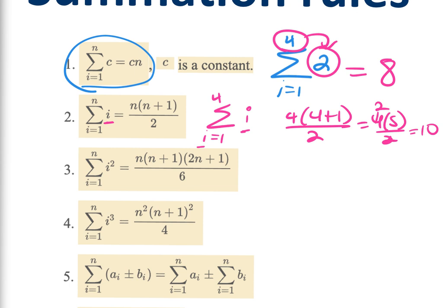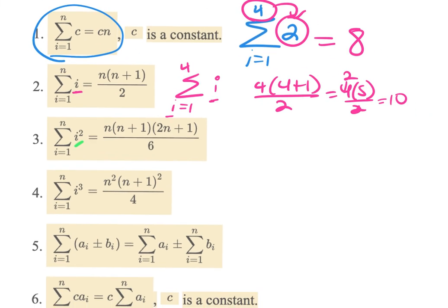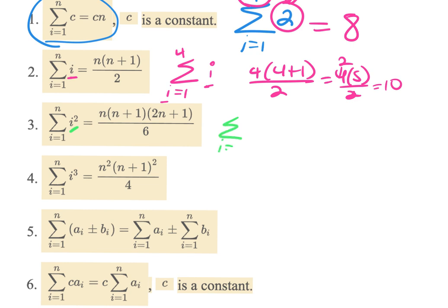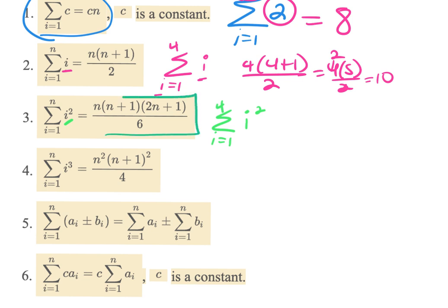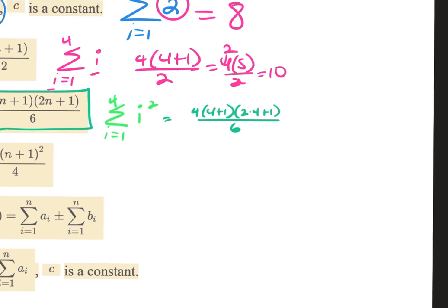Okay, next one is a variable squared. So if this said sigma i equals 1, and let's say again 4 at the top, and this said i squared. That pattern is n times n plus 1 times 2n plus 1 over 6. So I would do 4 times 4 plus 1 times 2 times 4 plus 1 over 6. And I would get 4 times 5 times 9 over 6.